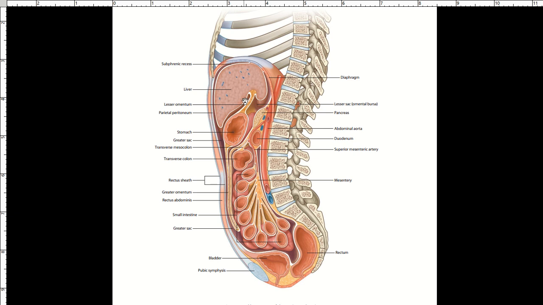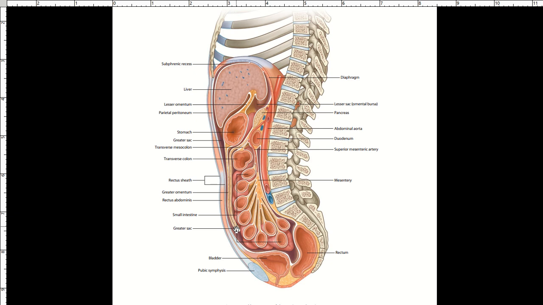While the visceral peritoneum is only going to be sensitive to stretch because it receives sympathetic and parasympathetic innervation. You understand?